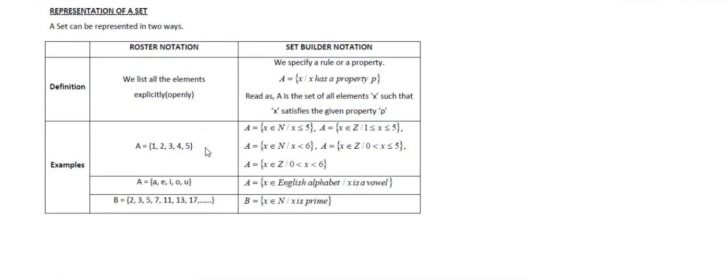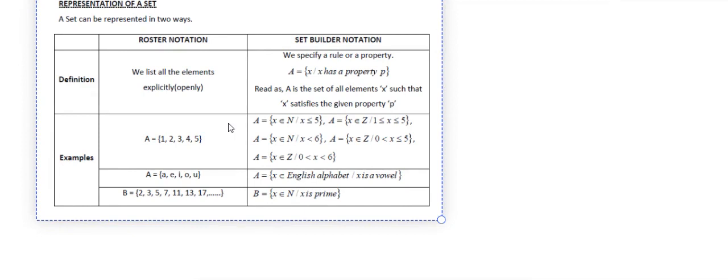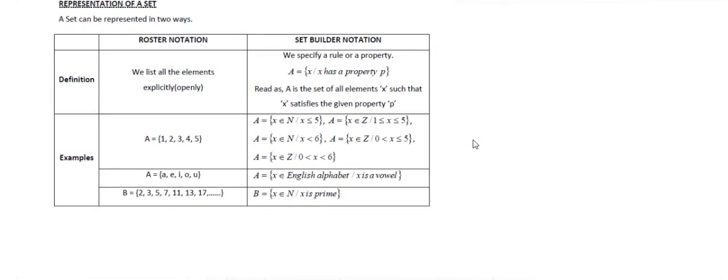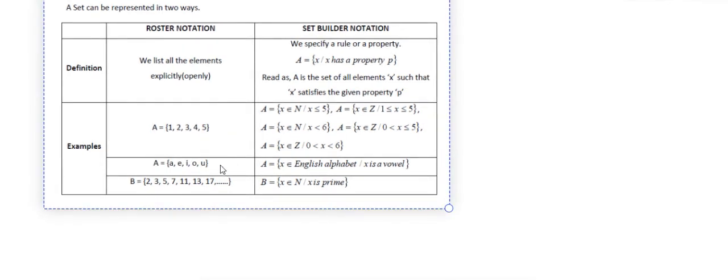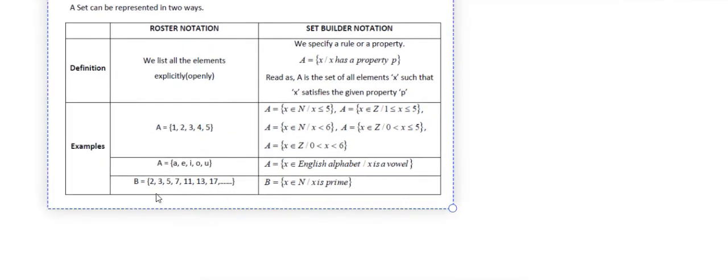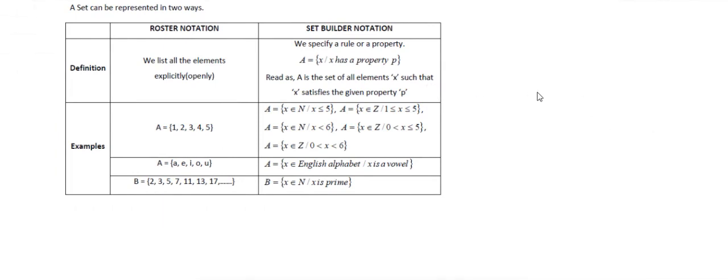They will list out what were the elements inside the set. For example, A equal to 1, 2, 3, 4, 5 and capital A equal to A, E, I, O, U and B equal to 2, 3, 5, 7. Like that they used to give you in an explicit manner. That is what is called roster representation.